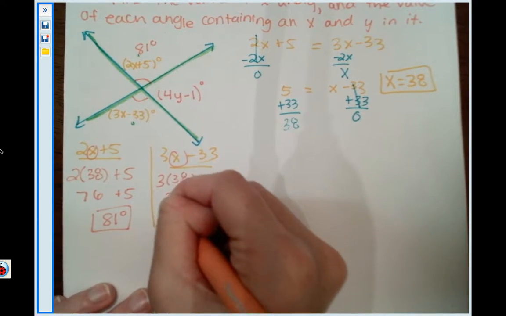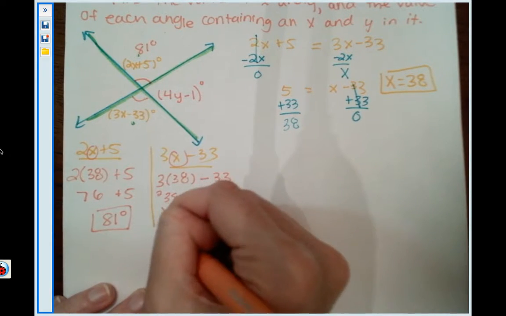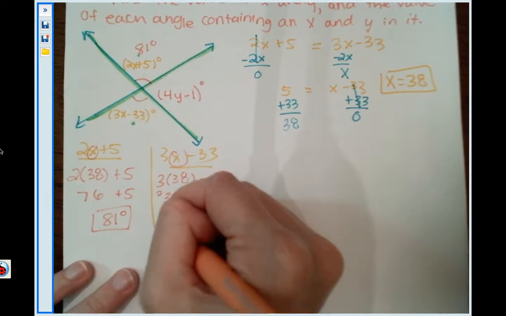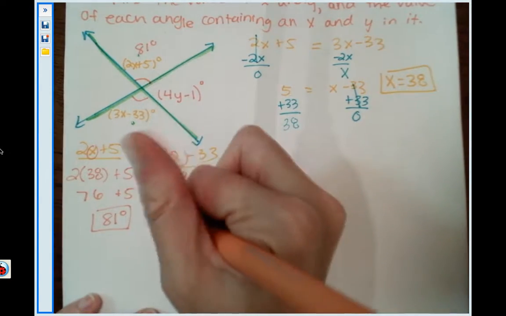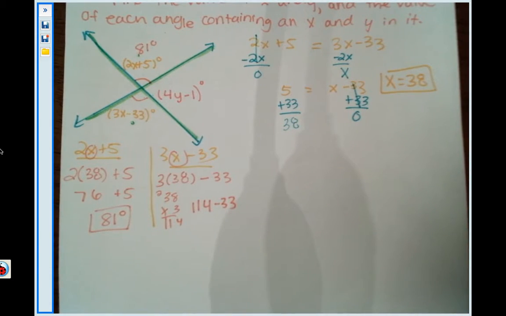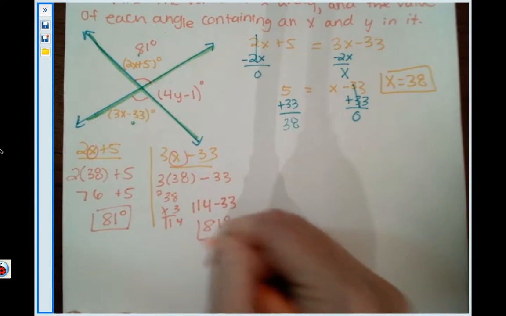So 3 times 38 is going to be 114. All right, so this is 114 minus 33, and 114 minus 33 will give me, you guys, an 81. Holy hot dog. So yay, we were correct. Both of them are 81 degrees.